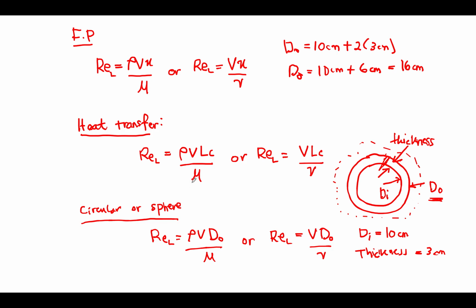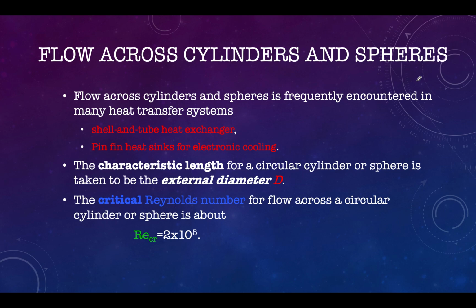In order to calculate the diameter from here to here, you have to add 3 centimeter, 3 centimeter and 10 centimeter to get 16 centimeter. So that is the Reynolds number equation for a cylinder and sphere.